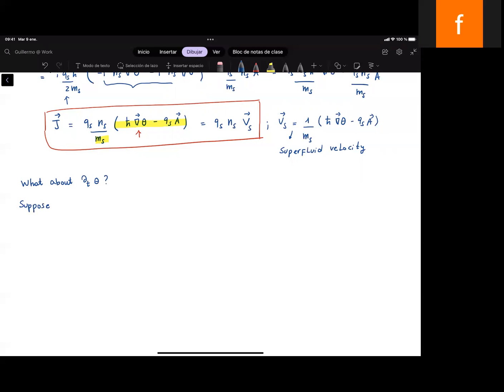This is very interesting because if we fix the Coulomb gauge, meaning that suppose the divergence of this vector potential is 0, essentially.